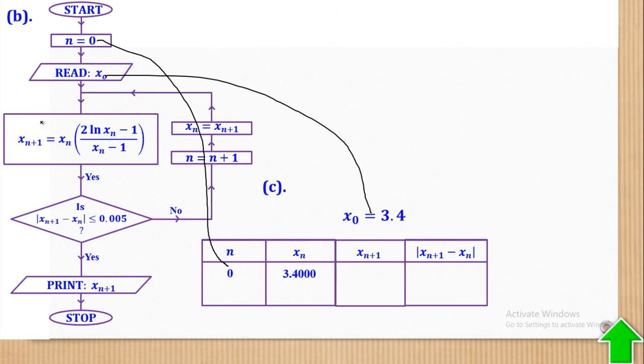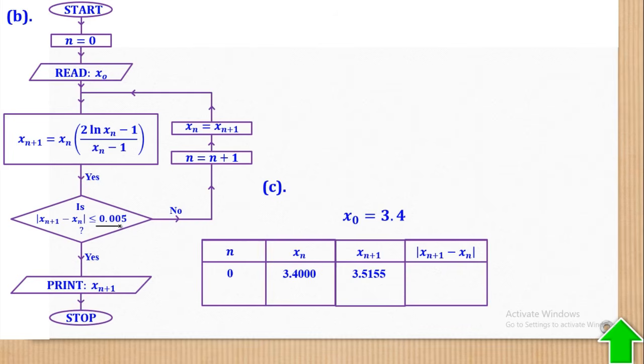Then calculate. From here you go here where you have to calculate. What does that mean? It means that you substitute this value of 3.4 where there is xn, here, here, and here. When you do that, you'll be able to come up with 3.5155. Now I think you realize that I'm using 4 decimal places because the accuracy was required to 2 decimal places.